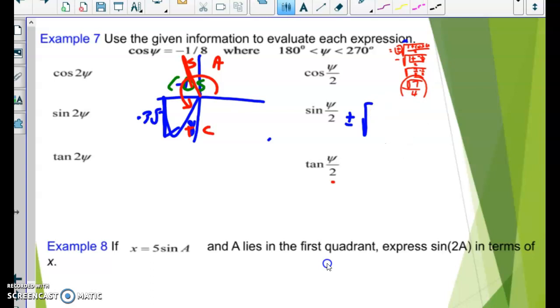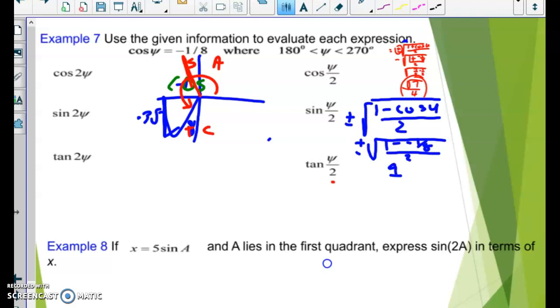If I'm looking for the sine, it's 1 minus the cosine of u over 2. And let's plug in. We already know what the cosine is. So I'm going to say 1 minus negative 1/8 over 2, which gives me 9/8 times 1/2, which is the same as 9 over 16, square root of plus or minus, which gives me 3/4.